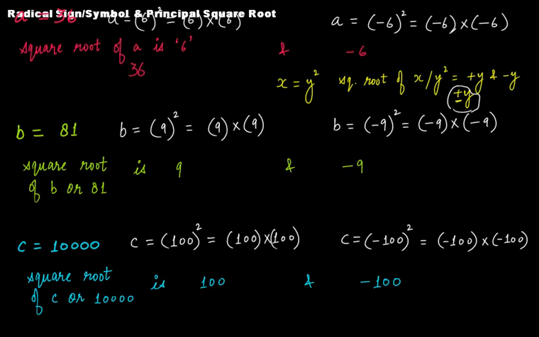Radical sign or symbol and principal square root. Okay, so if we take this example, let's choose this one, A is equal to 36.